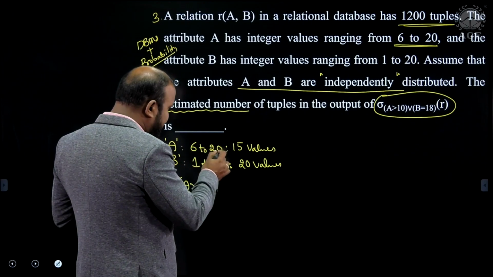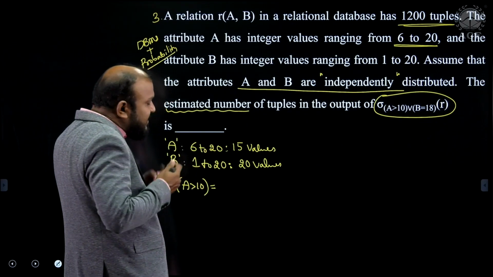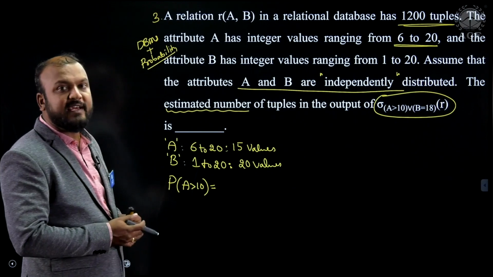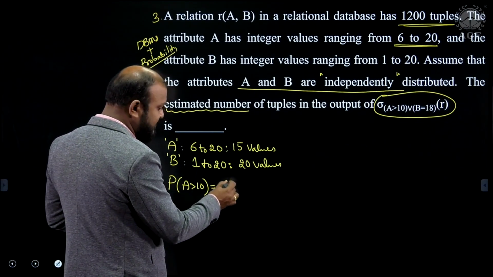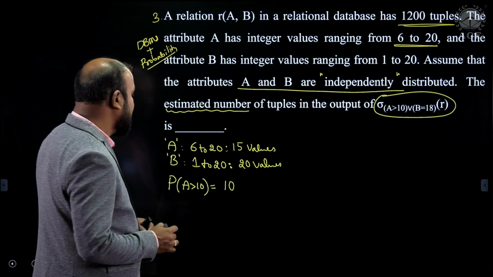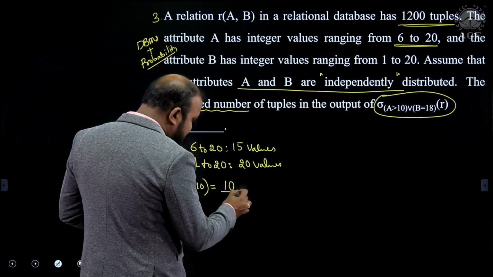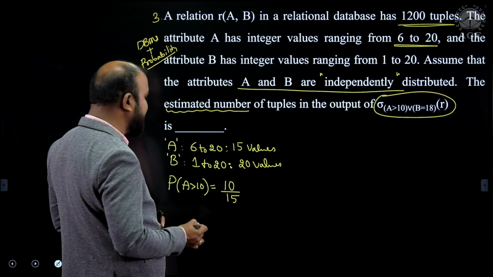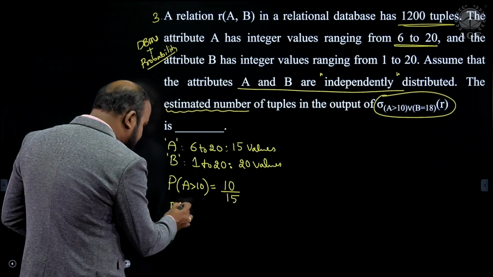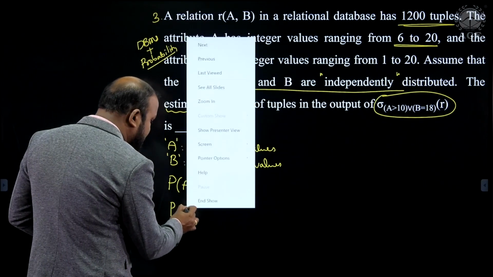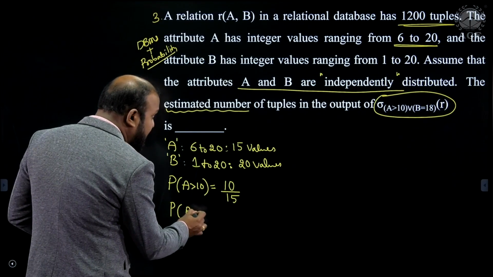Among 6 to 20, how many favorable cases for the value A greater than 10? Totally 10 cases are favorable, that is from 11 to 20. How many total cases? 15. So the probability of A greater than 10 is 10 by 15. What is the probability of B equal to 18?